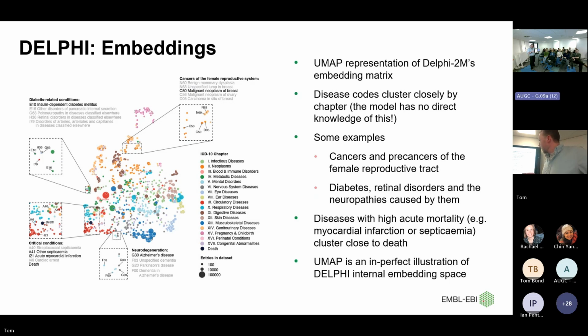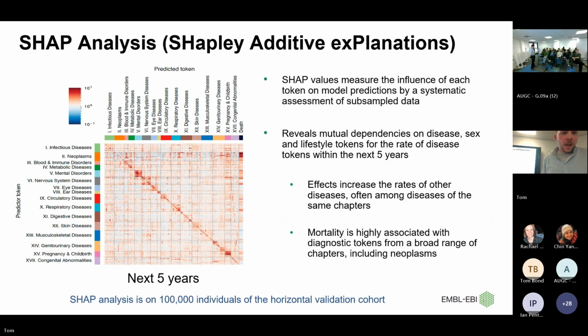So it's quite nice, but as I said, it's just a 2D representation of what's really quite a complicated space. So another way to look at that is this SHAP analysis. It's a method that's used to assign importance values for every predictor within an AI model to the predicted token.